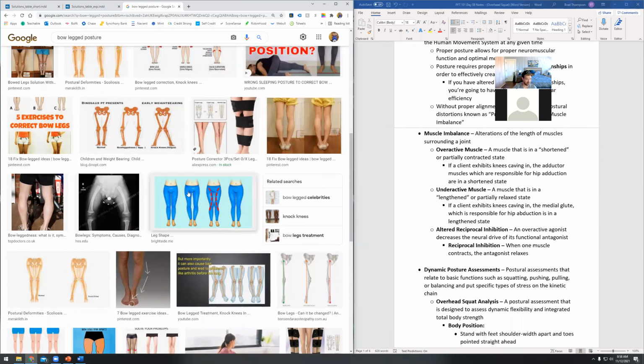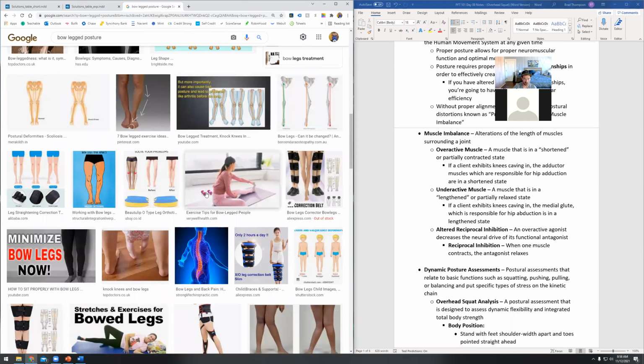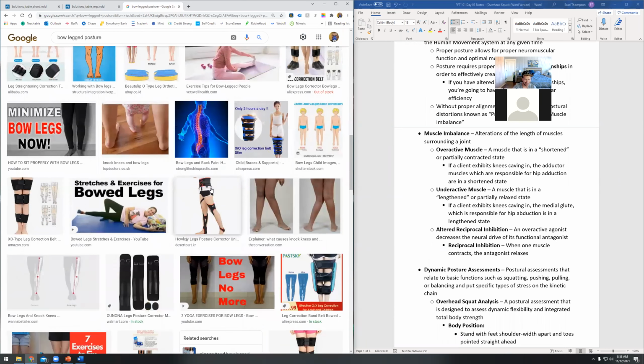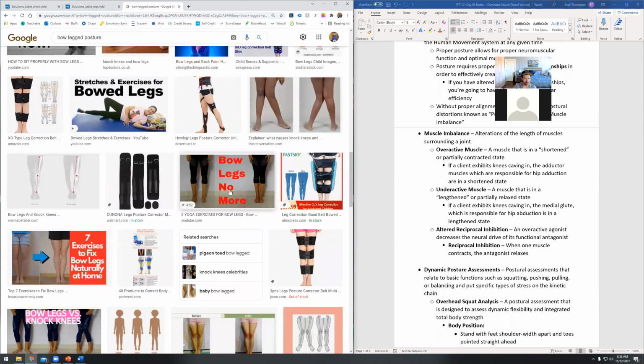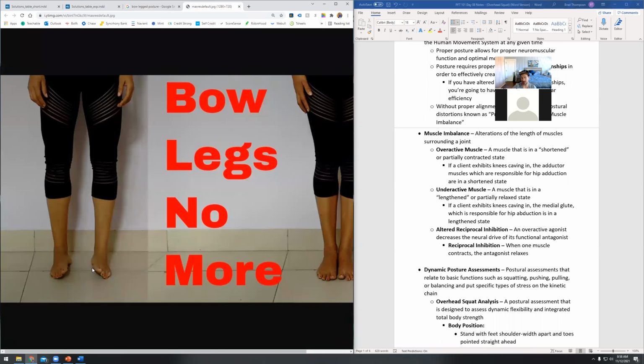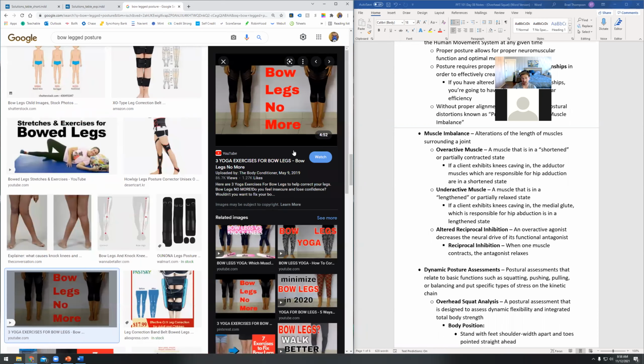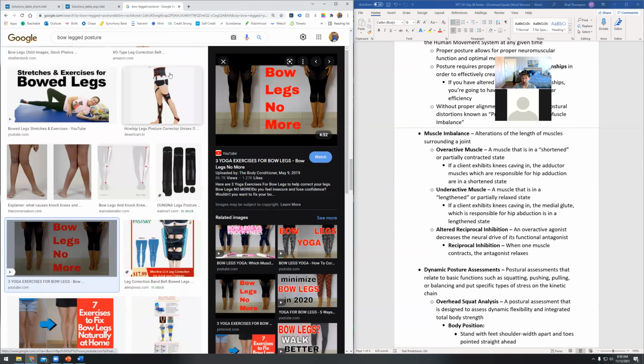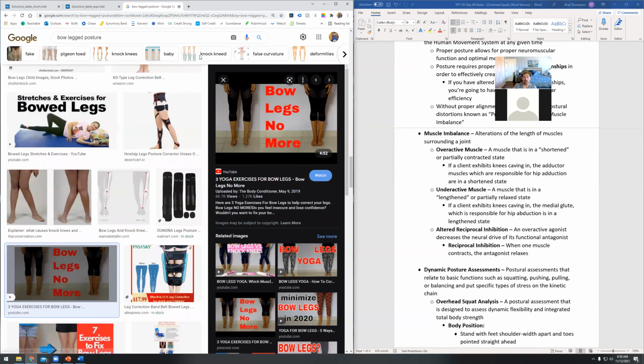Trying to find a static picture of a person, but a little more zoomed out. Yeah, there we go. You can see it there. This is obviously somebody's thumbnail for a video they're making, but they put a lot of their weight on that outside ridge, and it causes this bowing. It is not as common, and it's a lot more subtle, so it's harder to spot, but we'll see it every now and then.